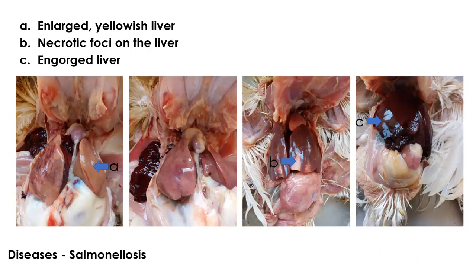We have engorged liver too, as you can also see there. So all of these are also a pointer to different infections. You can see it in salmonellosis. You can see it also in mycotoxicosis, which I didn't write here. You can see it in some other infections in poultry animals.